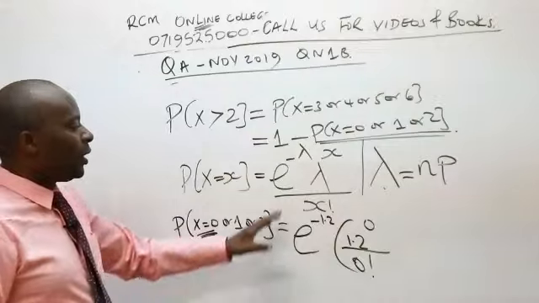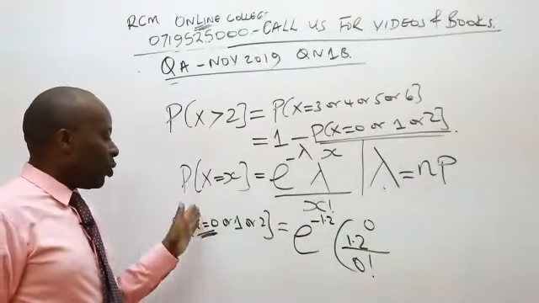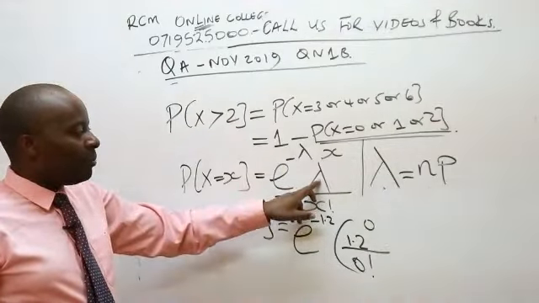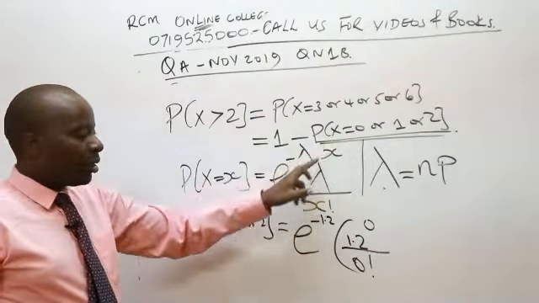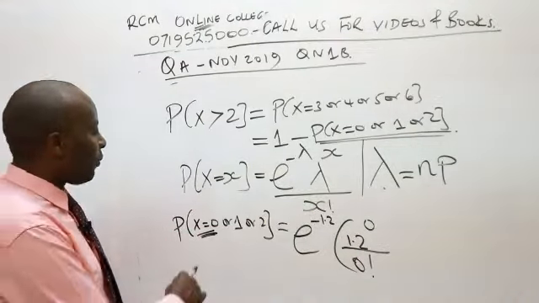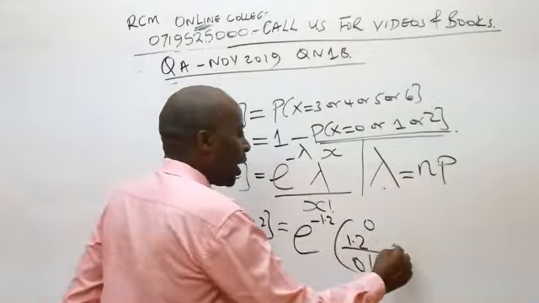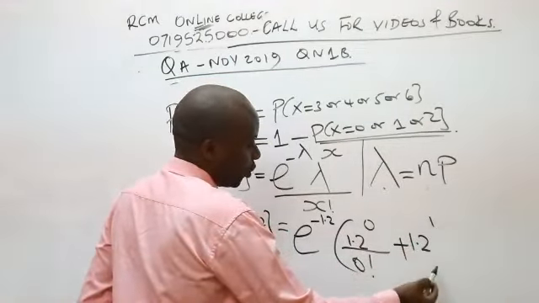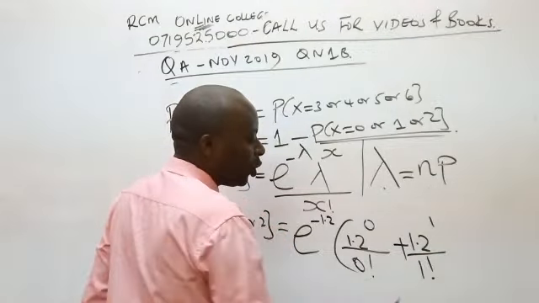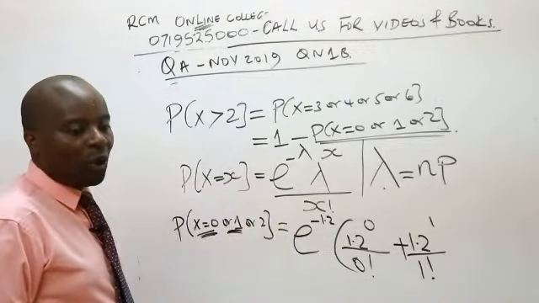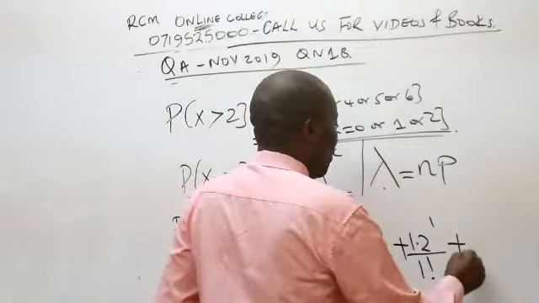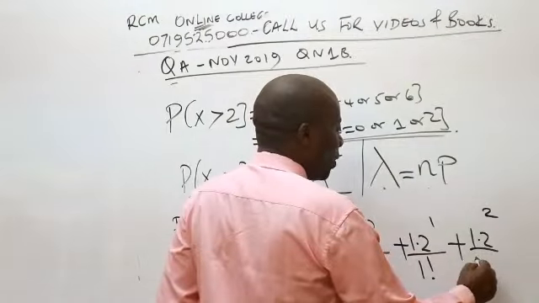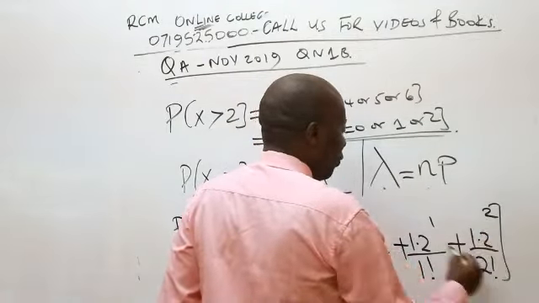I'm factoring out this e because it's applicable to each one of them. Inside brackets, I'll have lambda raised to x all over x factorial. So after that, I'll capture x equals 1: plus 1.2 raised to 1, all over 1 factorial. Plus, ladies and gentlemen, we have here 1.2 raised to power 2, all over 2 factorial.